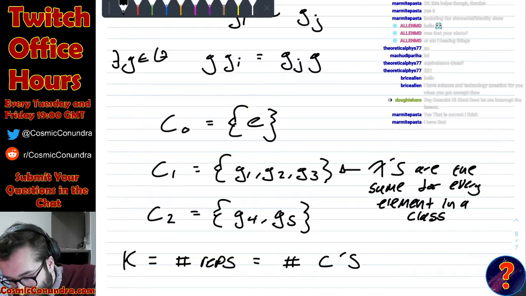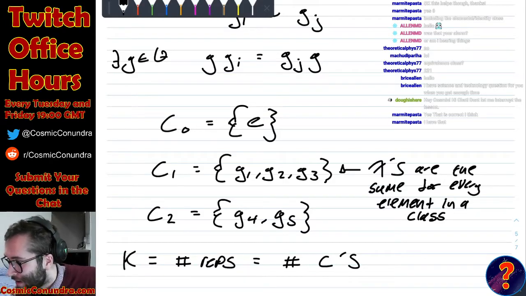And the characters are just the trace of the representation matrices, and for 1D that just means they are the things themselves.